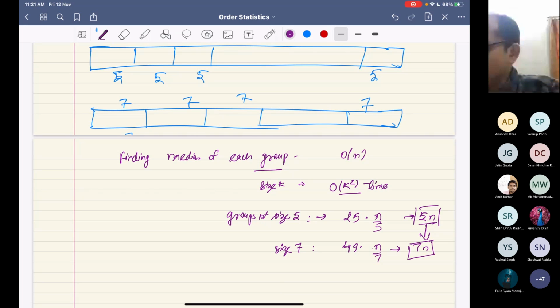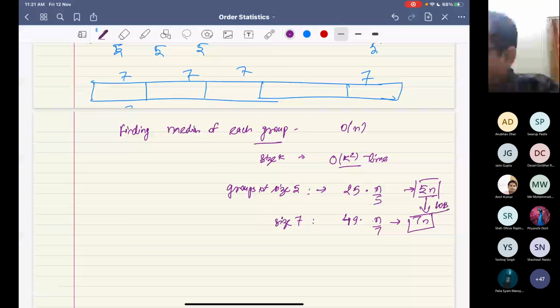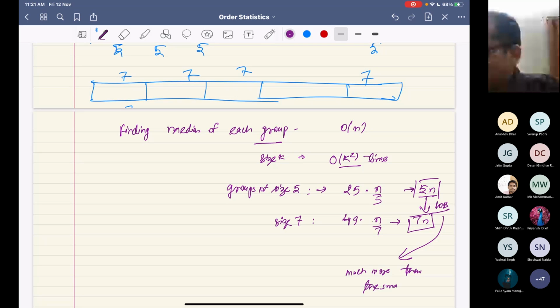So what happens is that the gain you are getting by throwing away some more elements is not as much as the loss you are having because of this. This loss is much more than the small gain, because you are not gaining anything asymptotically.